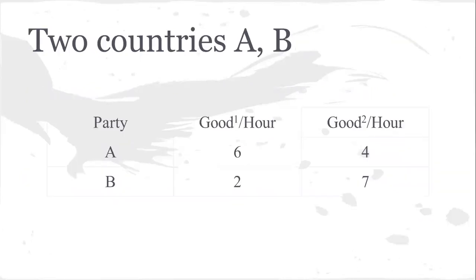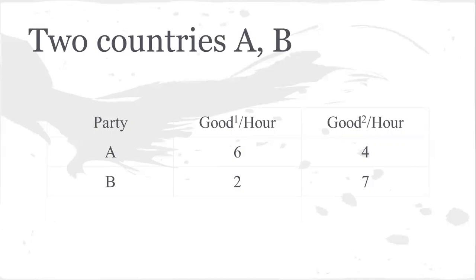Now, if we go back to the previous slide, we can see that if A is producing both goods, it cannot win in the second good scenario, because B has the advantage there. But if B is also producing good 1, it cannot win either, because A has the upper hand in good 1.